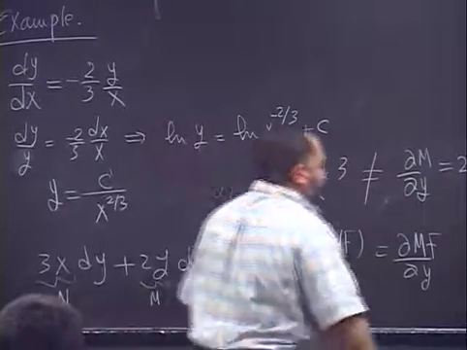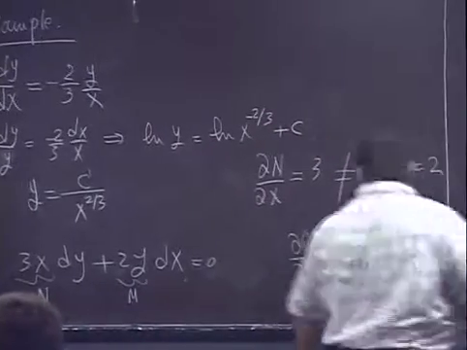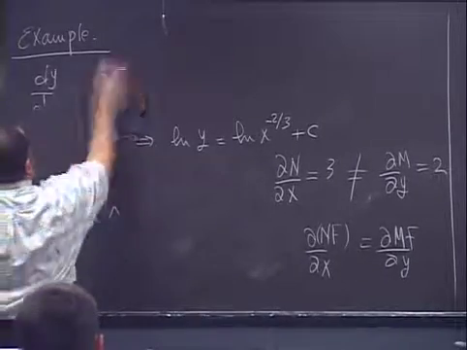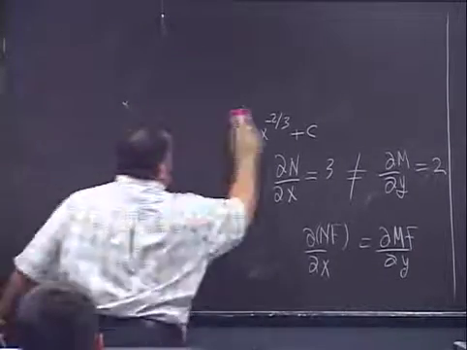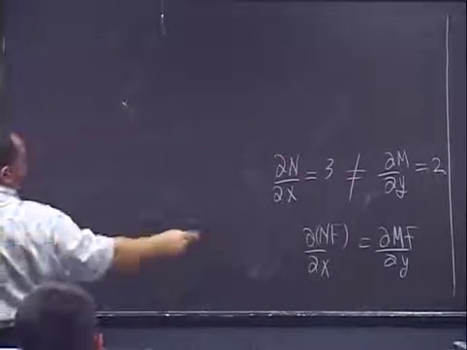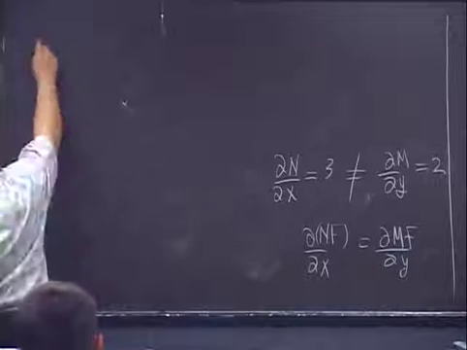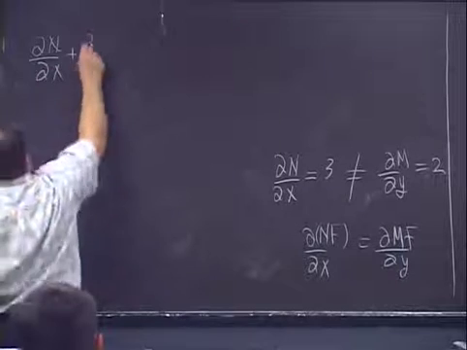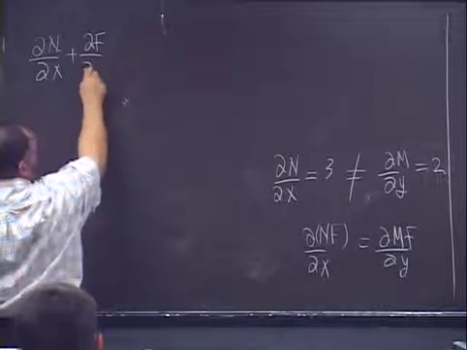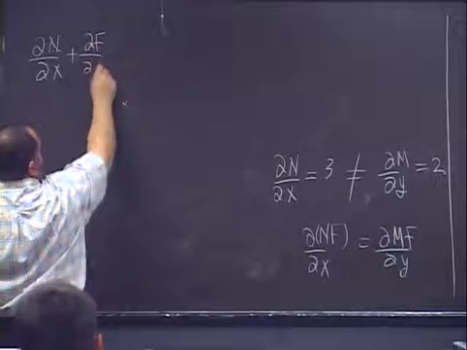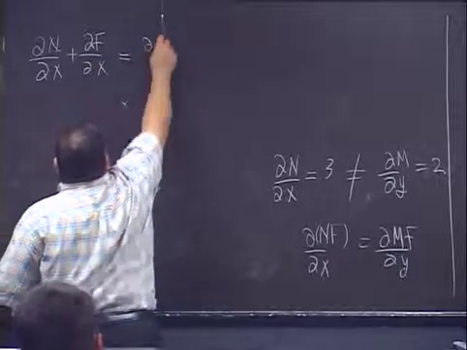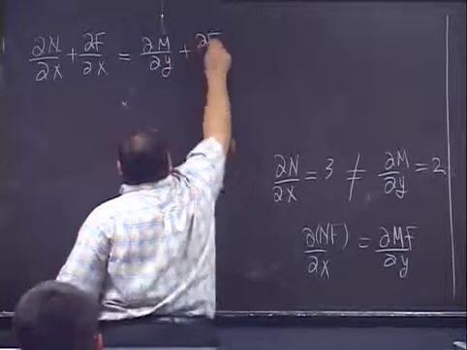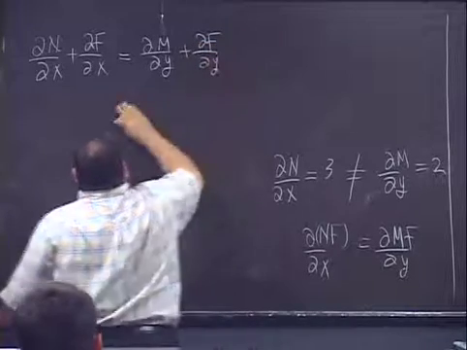So you can in principle find the factor that you want, which is the function f. So it will be dn by dx plus what? df by dx equal to dm by dy plus what? df by dy.